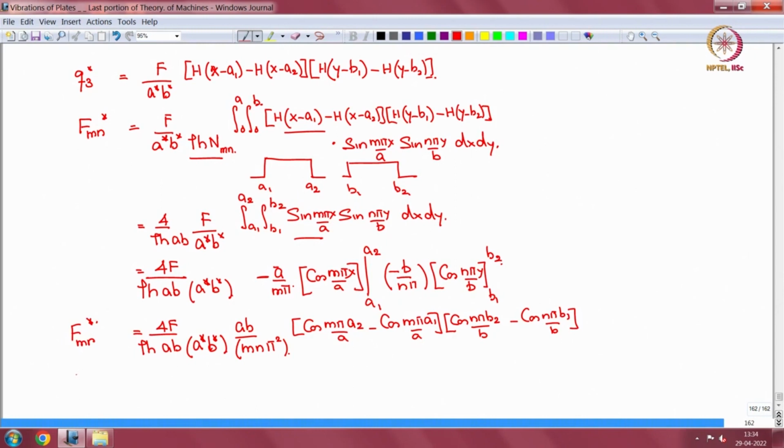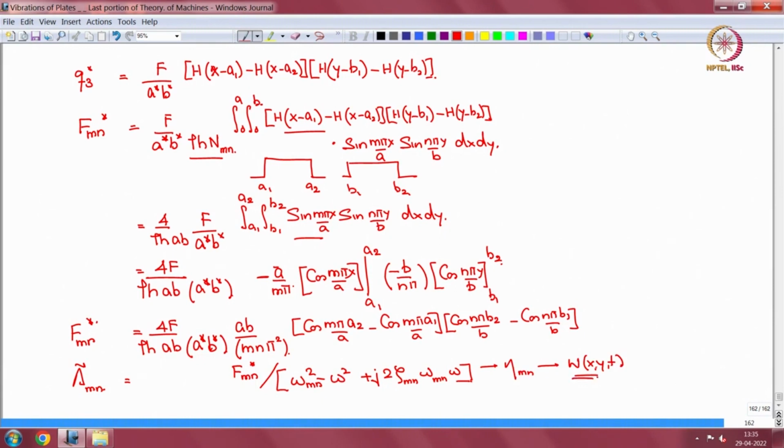From here to gamma tilde mn is F mn star divided by omega mn squared minus omega squared plus j 2 zeta mn omega mn omega, and then from here eta mn and then w of x, y, t.